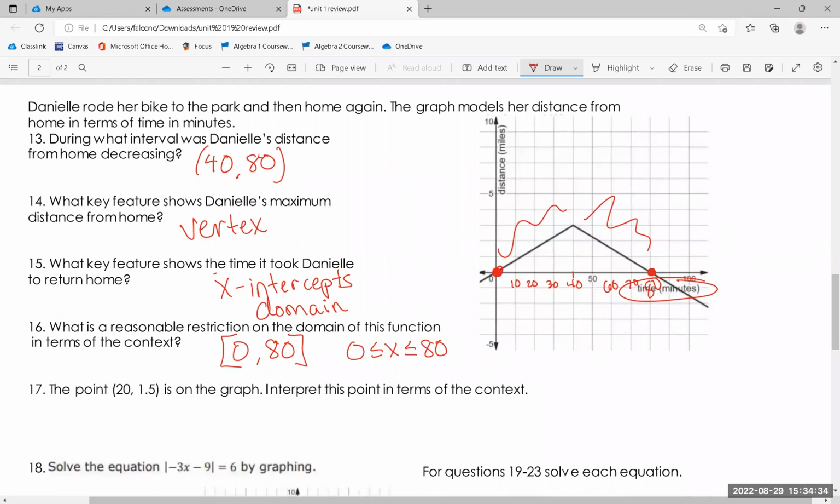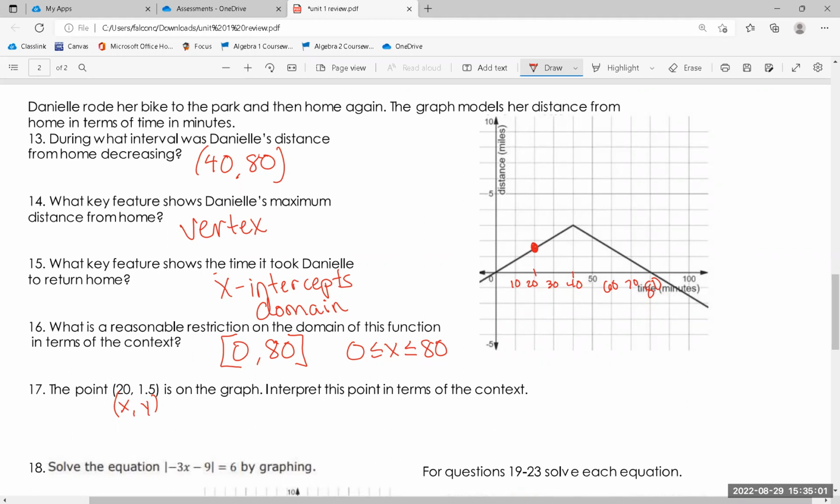Okay, and then our last question, 17, the point (20, 1.5) on the graph, and then they want us to interpret that. So going to 20 up to 1.5. 20 is the x, 1.5 is the y value. And in this case, x is time and y is distance.